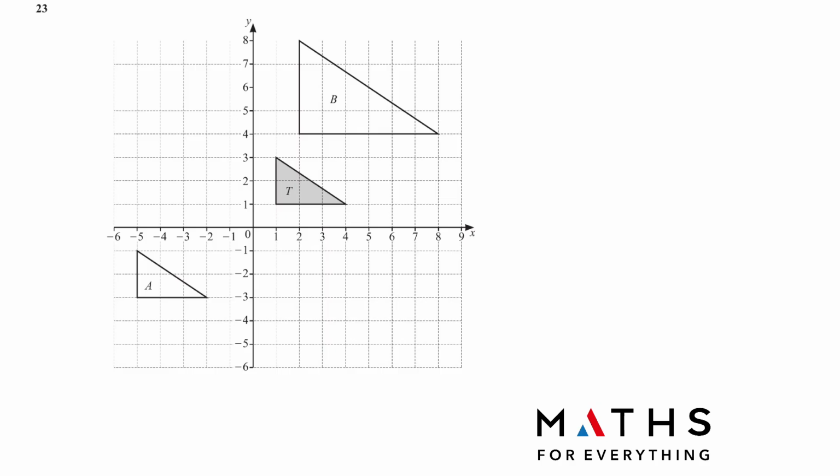The center is 0, 0. So draw 2 lines, vertical and horizontal, on the tracing paper after you place it on top of the diagram, passing through 0, 0. Then you draw triangle T on the tracing paper. It asks us to rotate 90 degrees.